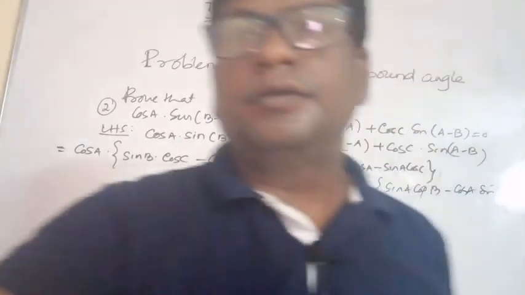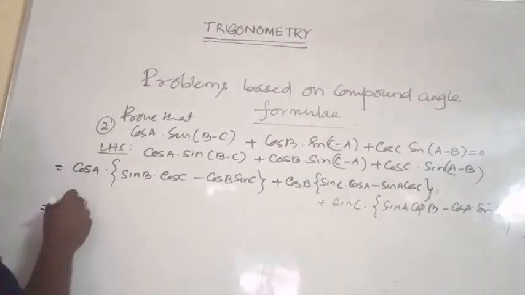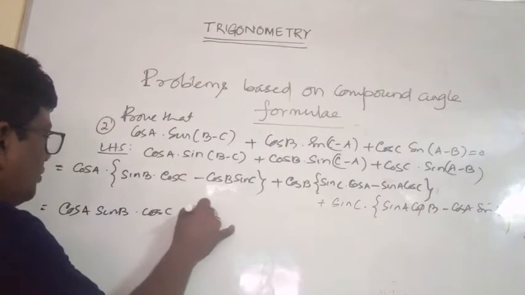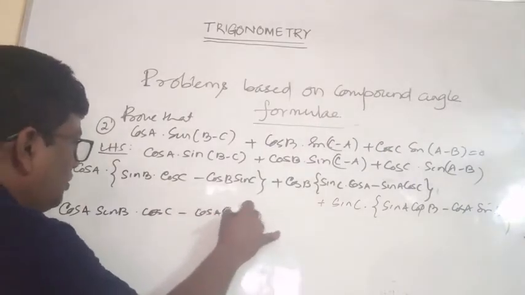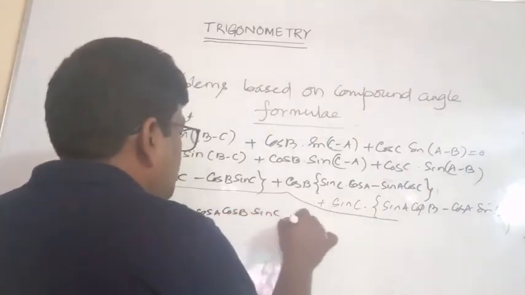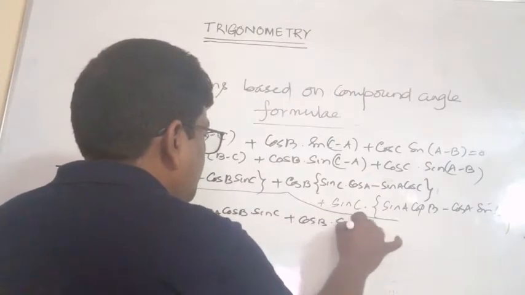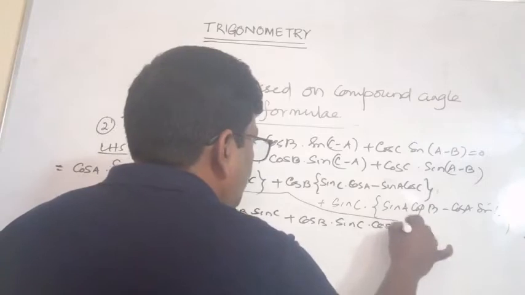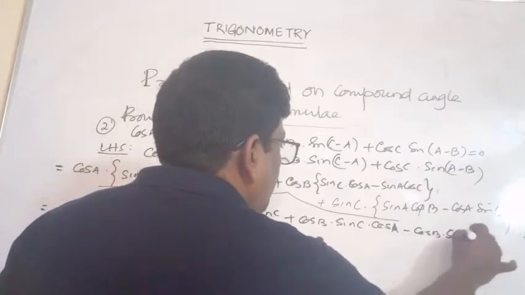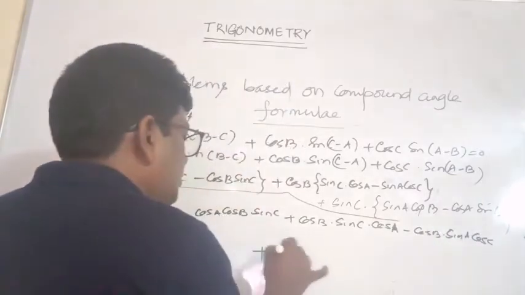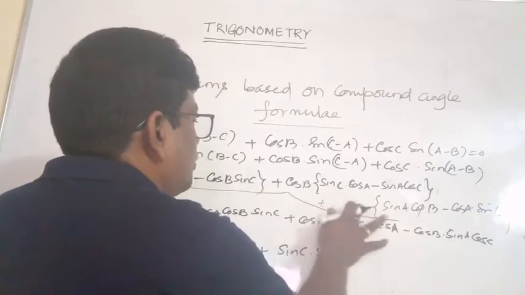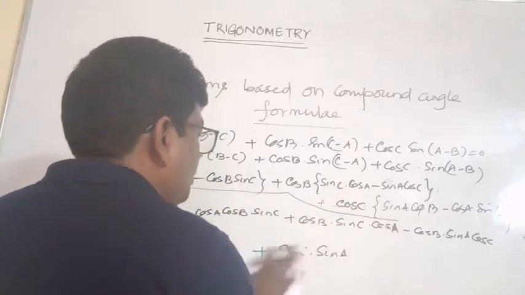Clear? Multiplied, we get cos A sin B cos C, minus cos A cos B sin C, plus cos B sin C cos A, minus cos B sin A cos C, plus cos C sin A cos B, minus cos C cos A sin B.